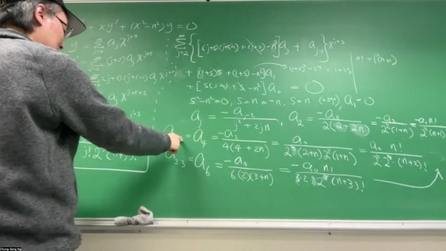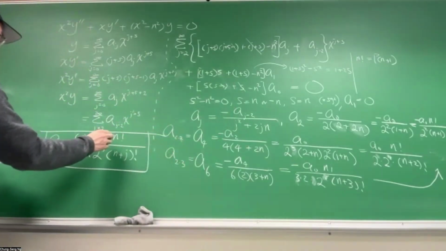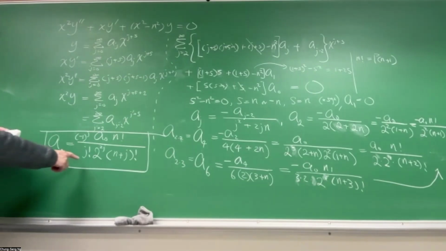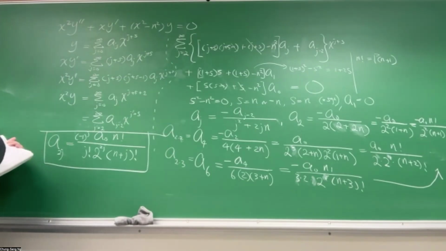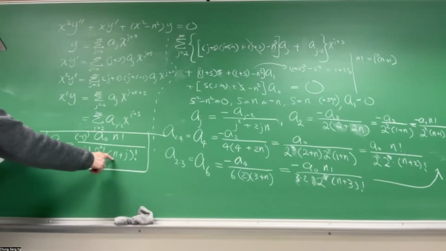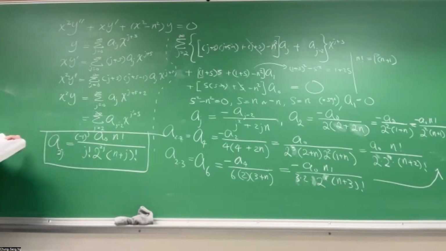You increase this j, the new j by 1. So it's -1 to the j power. Okay, -1 to the j power, j factorial, and what else? 2 to the 2j, j factorial, n plus j factorial, n factorial. Yeah, that would be the right answer.